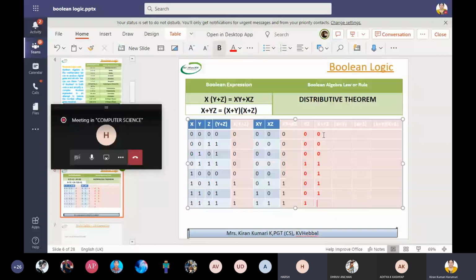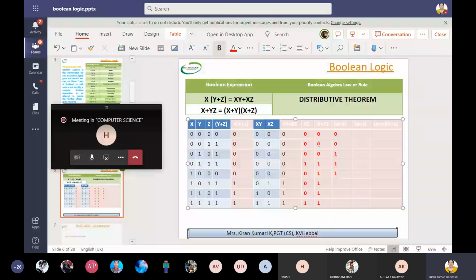Done? Now do x plus y. Now you only have to look at the x and y columns. So x is 0, y is 0, 0 plus 0 is 0. 0 plus 1 is 0? How much is 0 plus 1? 1. Very good. Plus means addition. 0 plus 1 is 1. 1 plus 0 is 1. 1 plus 1 is 1.